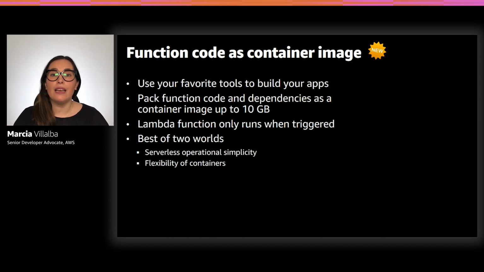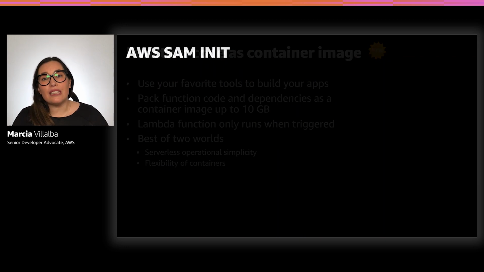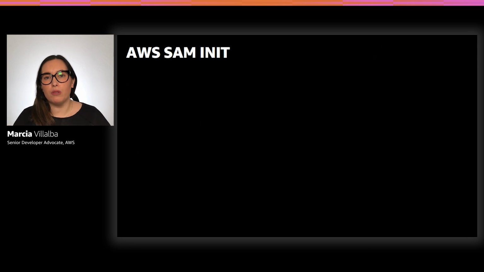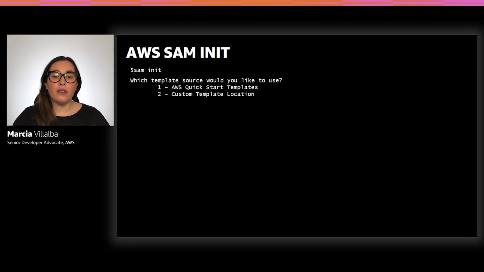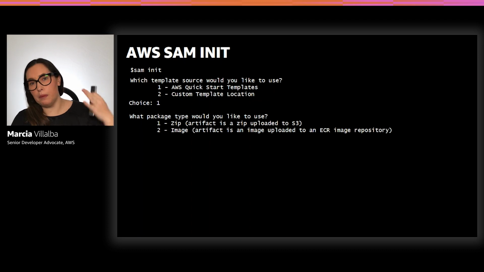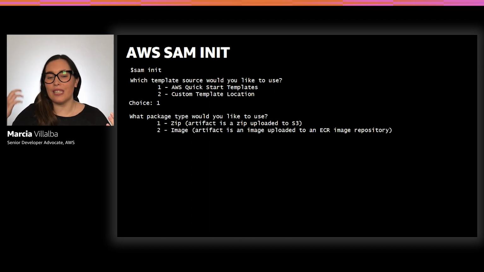But keep in mind that these containers are still event-driven. So the Lambda function will still be triggered by an event. It's not running all the time. So if you want to get started with this, update your SAM to the latest version and then run SAM init. There you can get started with the SAM template and choose that one. And you can pick if you want to have a zip as your code or as an image.